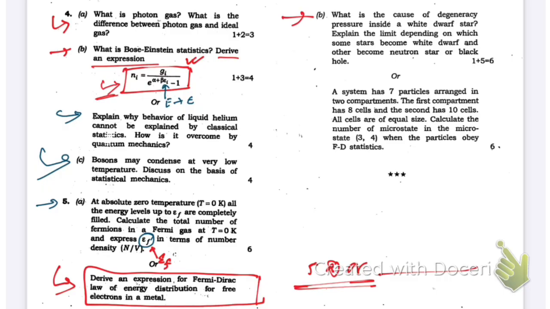Now let me solve this one here. So this is the question we are to solve. First let me write the total number of particles, that is capital N is equal to 7.